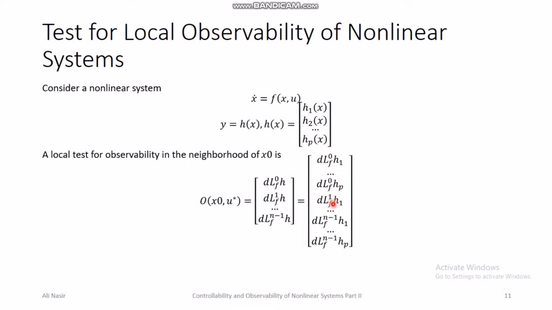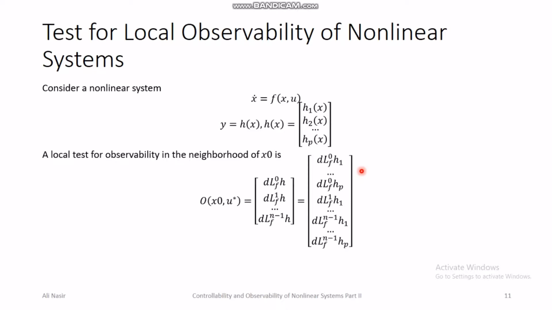Then this is the first order Lie derivative of H1 up to the first order Lie derivative of HP, and you can take second order, third order, and so on up to the n minus 1 order Lie derivative of H1 up to the n minus 1 Lie derivative of HP. So this would be your observability matrix for the nonlinear systems.